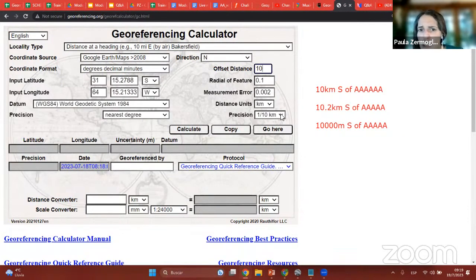And so this precision will represent the precision of this distance. In here, this could be 10 or 11 or 9. And so we have a precision associated with that measurement of 1 kilometer. It can be 1 kilometer less or 1 kilometer more.